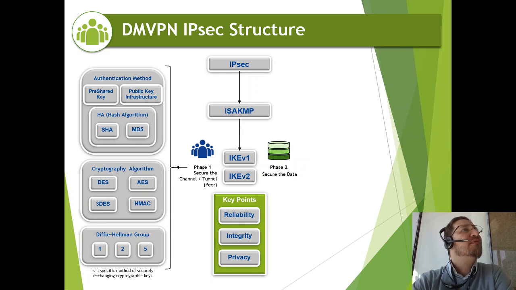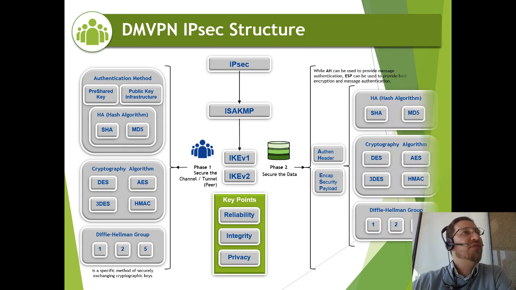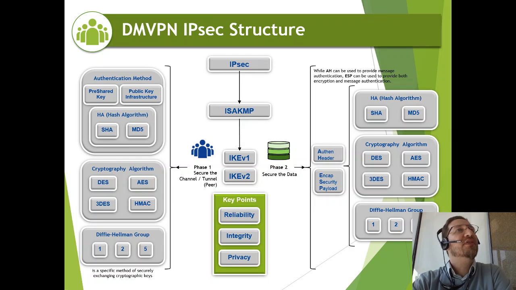For phase 1, we have the authentication method, the cryptography algorithm, and Diffie-Hellman groups. Okay. On the second phase, we have the hash algorithm, cryptography algorithm, and Diffie-Hellman group 2.